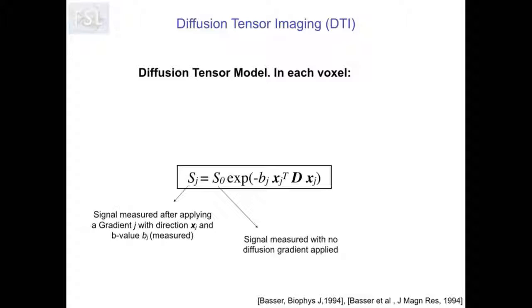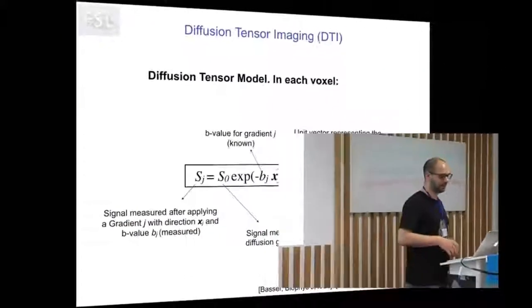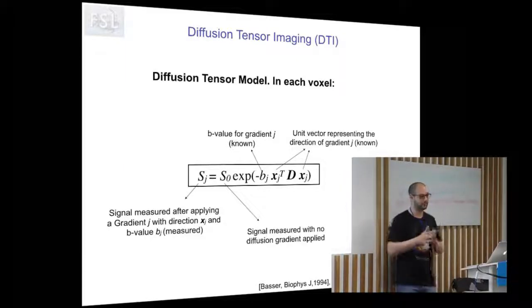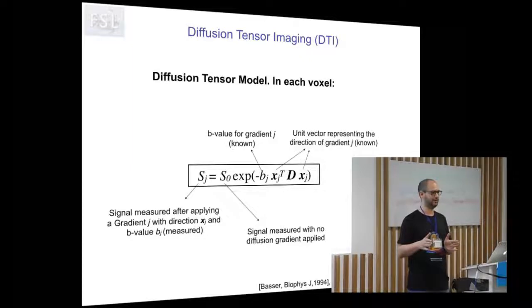The other thing that we know, for the same spatial location, is the signal measured without any specific diffusion encoding applied. The other two things that you set behind the scanner, like we said before, are the b-value, so the diffusion sensitivity that you want to give to your acquisition, and then you also know the unit vector that represents that diffusion encoding orientation j that we just talked about before, right?